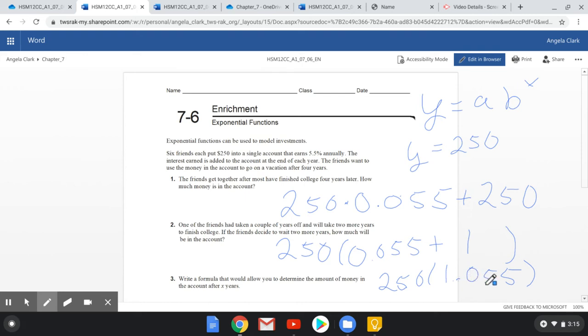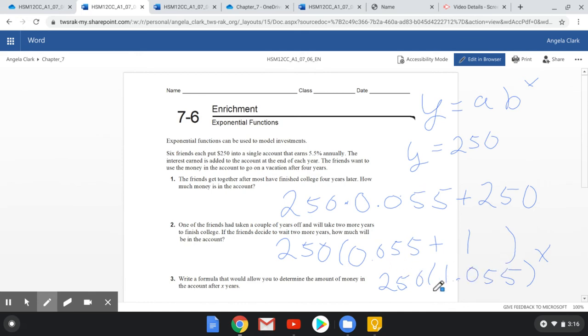Then to figure out how much I have after 2 years, I'd have to multiply all of this by 1.055 again. And then for 3 years, I'd have to multiply that by 1.055 again. So for every year, I have to multiply by 1.055 again, which means if I just put the number of years in the exponent, that's going to give me my new amount.